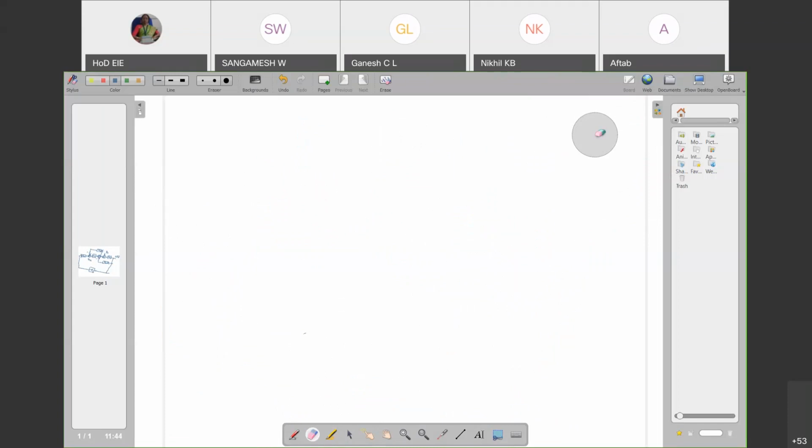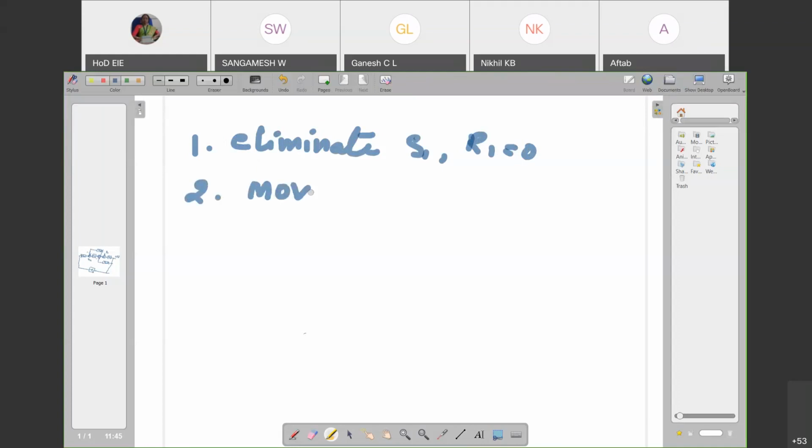Step 1, the summing element was eliminated. It is obvious because already I have done it: eliminate S1 and make R1 equal to 0. Now step 2 is move the summing element S2 behind G2.